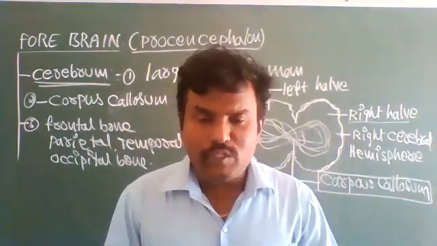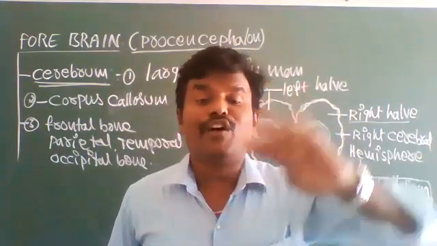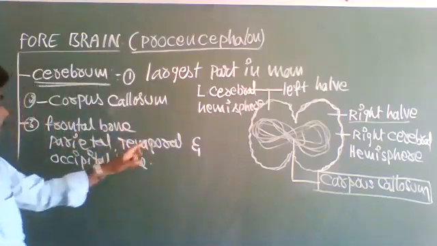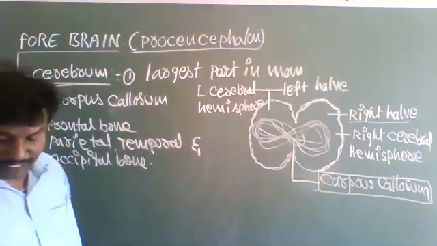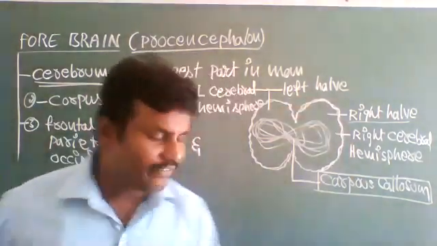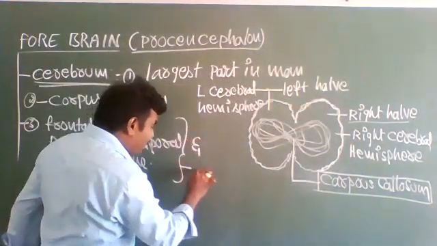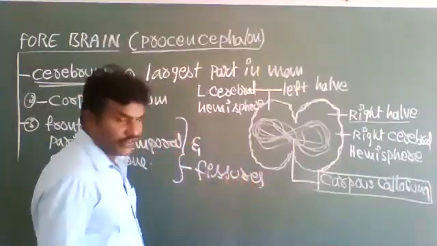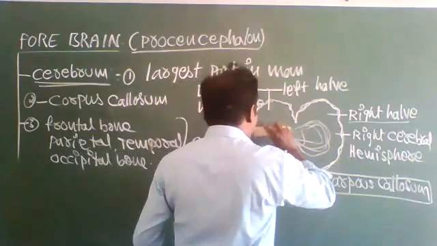Each cerebral hemisphere is divided into 4 lobes by frontal bone, parietal bone, temporal bone, and occipital bone with the help of deep fissures. Fissures means, see here, I will show that.